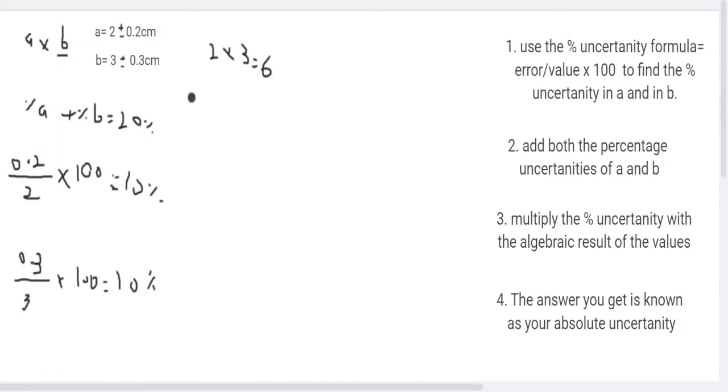I will now multiply 6 with the percentage uncertainty I got from adding percentage A with percentage B. So 6 times 20% gives me 1.2. This is going to be my absolute uncertainty. So my final answer would be the result of my measurement, which is 6 plus minus the error that I get, which is 1.2.